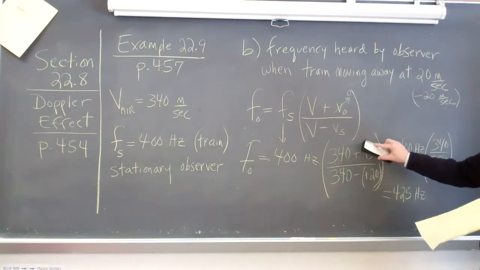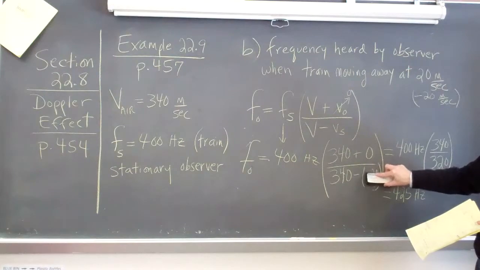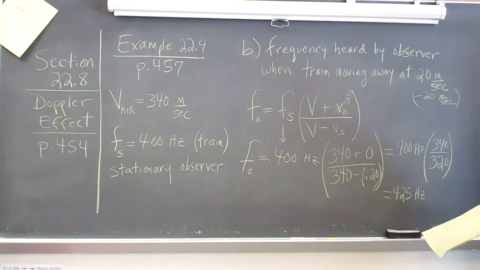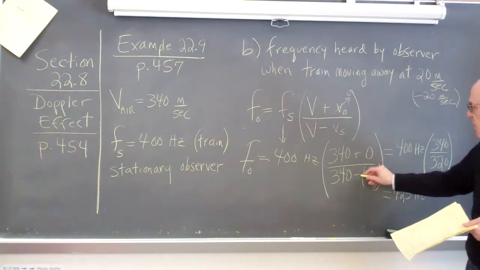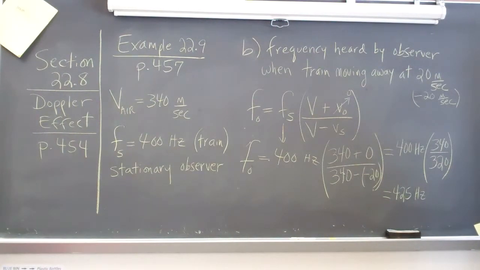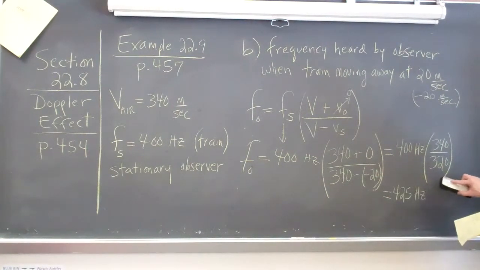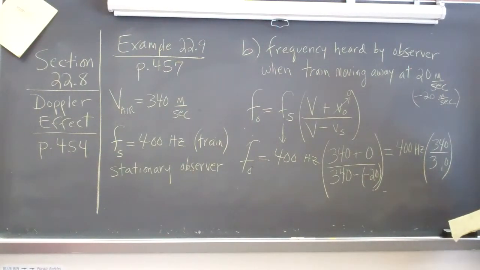So in this case, the frequency heard by the observer... Now, the only thing we have to change in this problem is the sign of the speed of the source. In the denominator, it's now 340 minus a negative 20. And that ends up being 340 plus 20. So in the denominator, you now have 360.